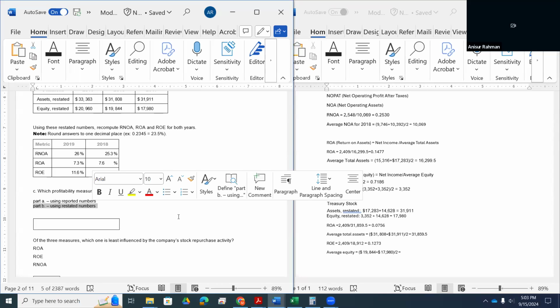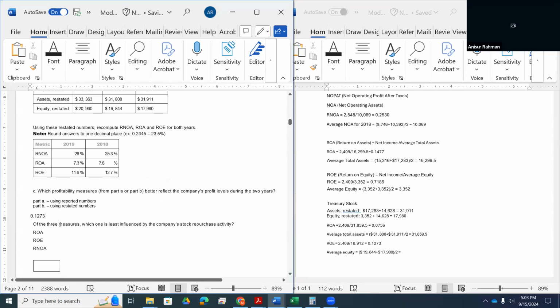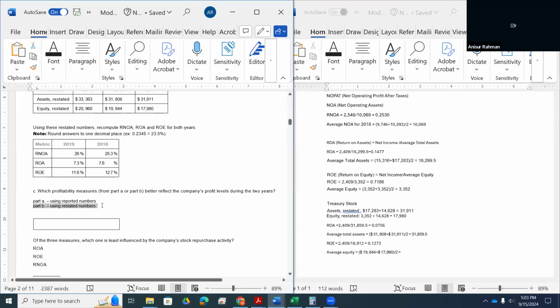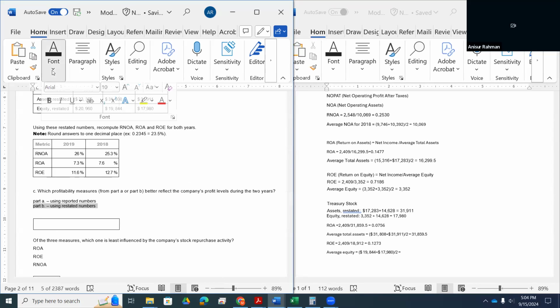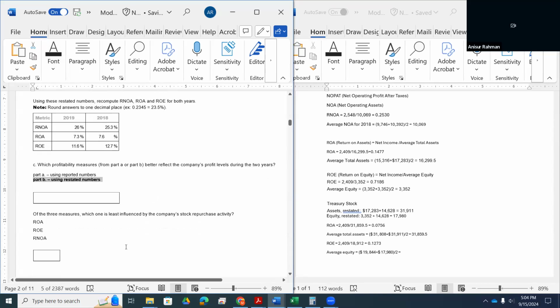So after adjusting with treasury stock, meaning after adding back the treasury stock to the equity, we can get a better representation of shareholders' equity. So that is why our answer will be Part B using restated numbers. I will make this bold to indicate this is the correct answer.